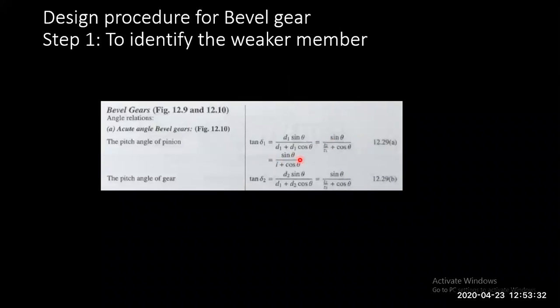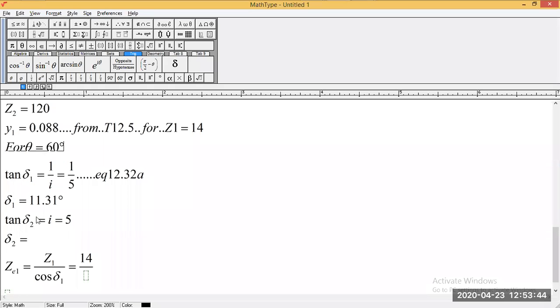You can take this sine theta by I plus cos theta. A small mistake. Delta 1, delta 2 are not these formulae.